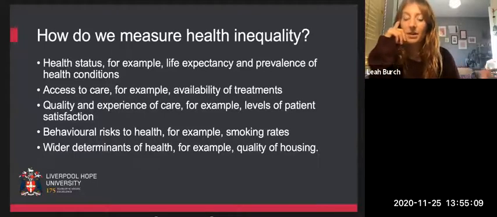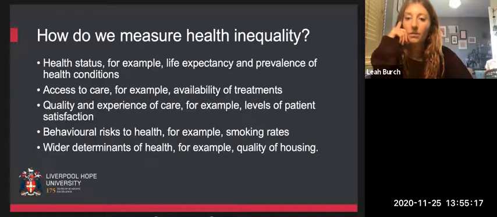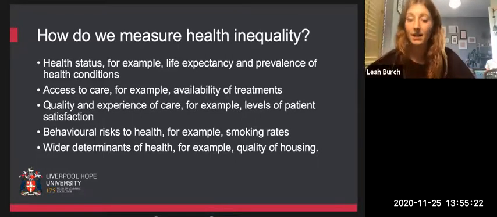Does that differ depending on the deprivation within a certain area or the region that we're looking at? We can also look at data surrounding the number of people accessing care by population. So we can look at the different types of populations and who isn't accessing this kind of treatment.